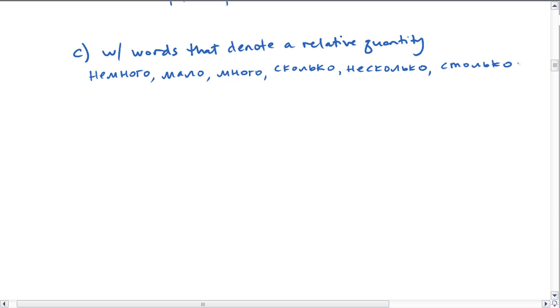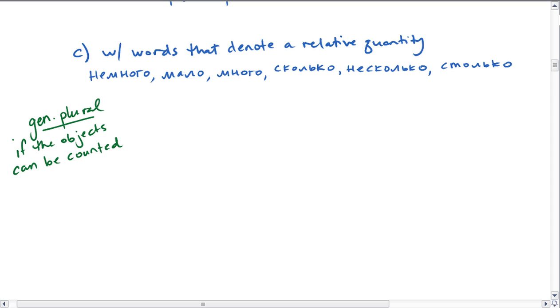case. And we're going to use the genitive plural if the objects can be counted.